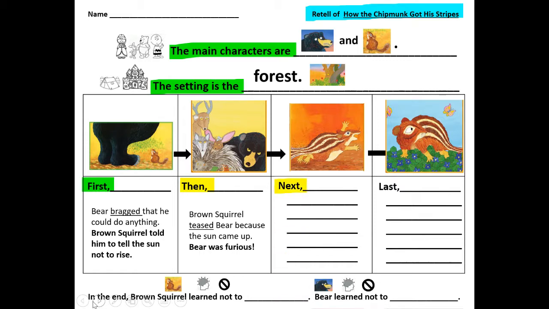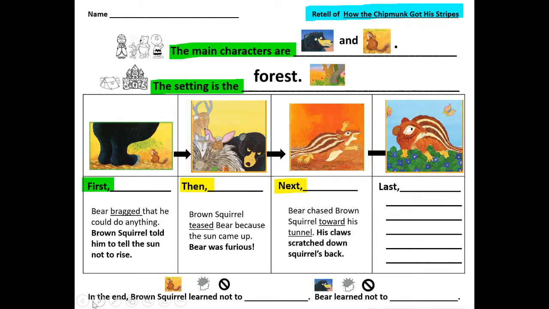So next, what did Bear do to Brown Squirrel? Next, Bear chased Brown Squirrel toward his tunnel. His claws scratched down Squirrel's back.